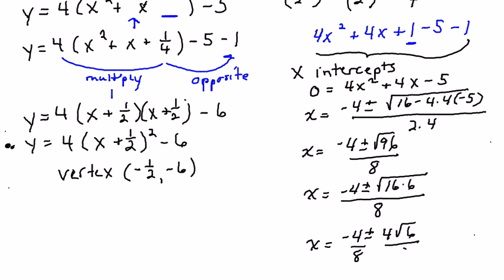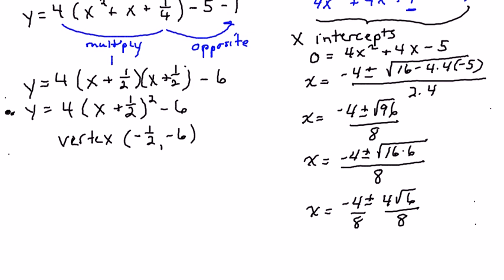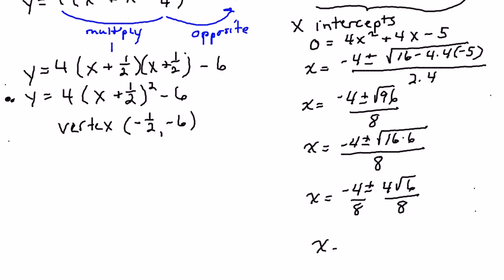I'll just put the 8 under each term so we can reduce each term nicely here. So the x-intercepts are negative 1/2 plus or minus the square root of 6 over 2.